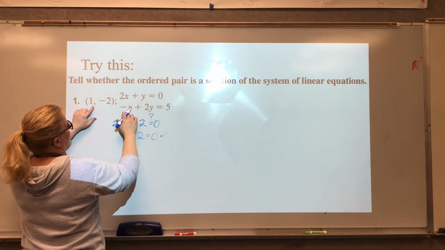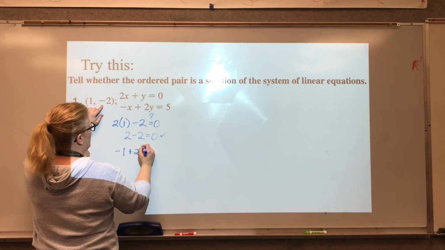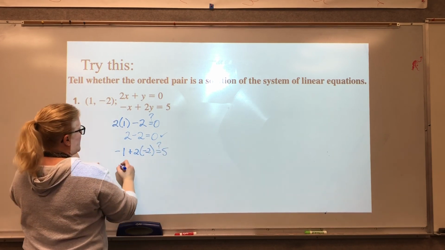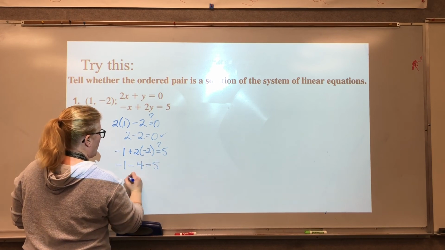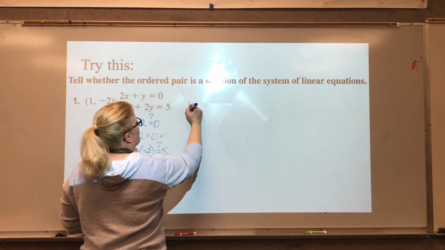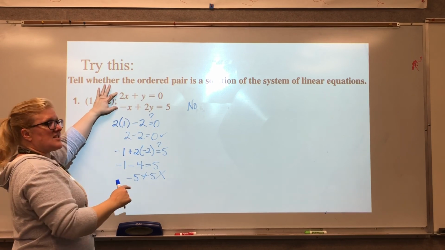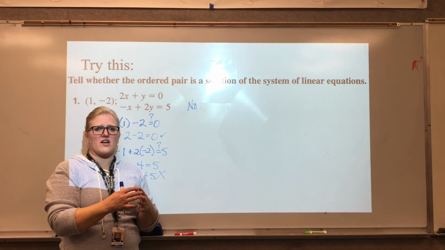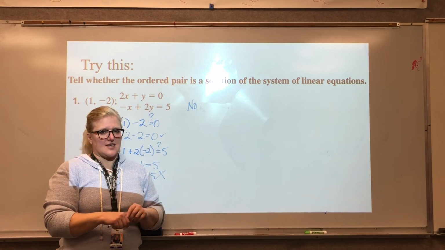Now we have negative x, so negative 1 plus 2 times negative 2 equals 5. Well, this is negative 1 minus 4 equals 5. Negative 5 does not equal 5. So no, this is not a solution to this system. That's partially in your homework, but checking solutions is not the meat of this lesson.